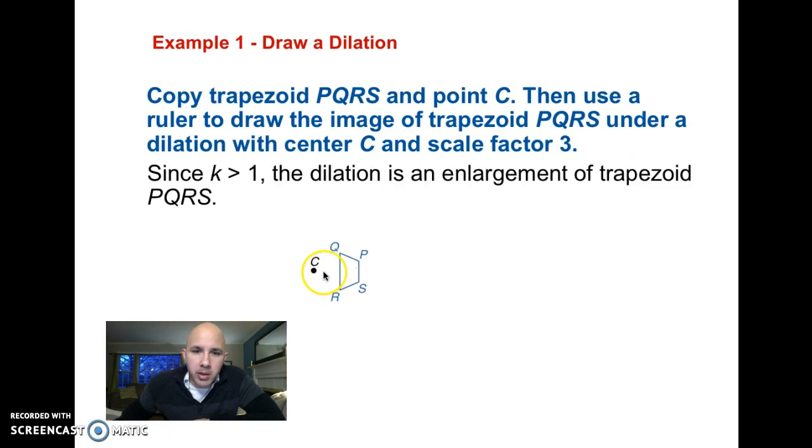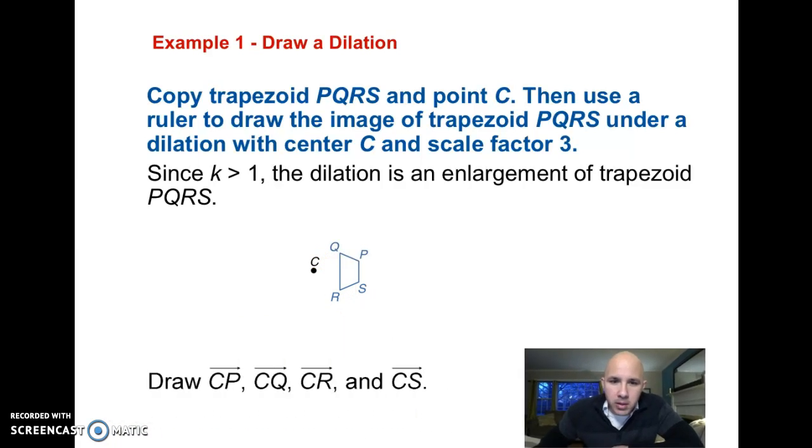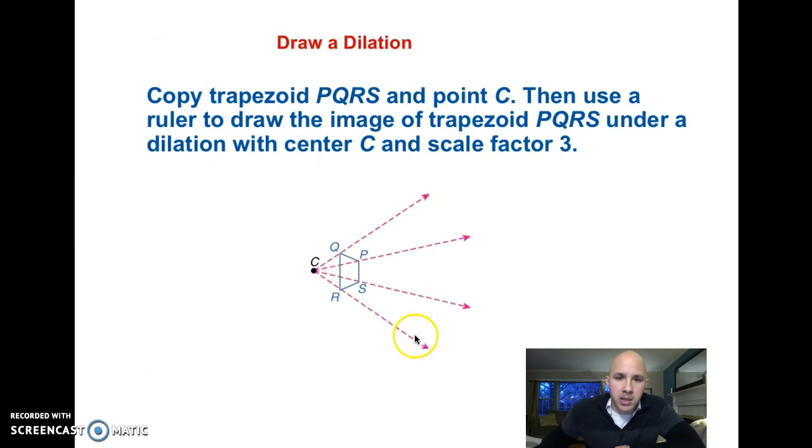So what we want to go ahead and do is draw ray CP, ray CQ, ray CR and ray CS. It should look something like that. When you draw using a ruler, just draw it out.